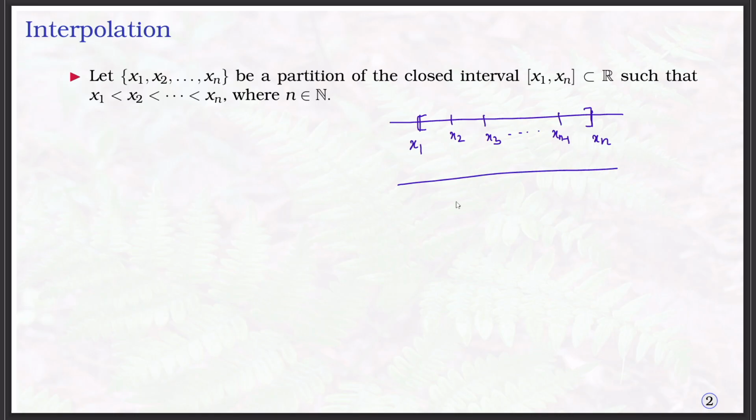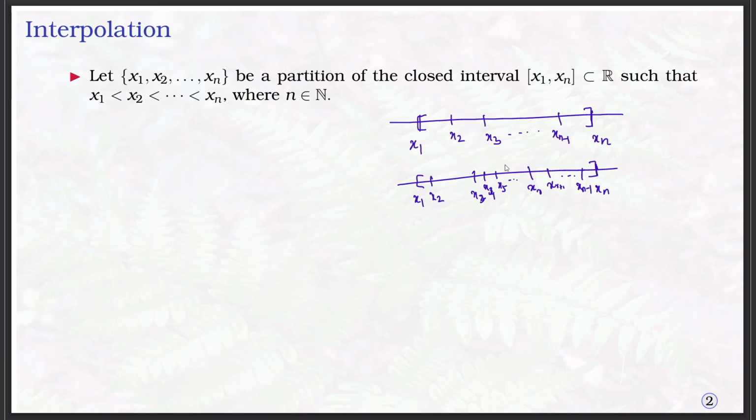Whereas, if you consider the same closed interval x1 to xn, one can partition it by using a type of partition like x3, x4, x5 and so on, xr, xr plus 1 and so on up to xn minus 1.